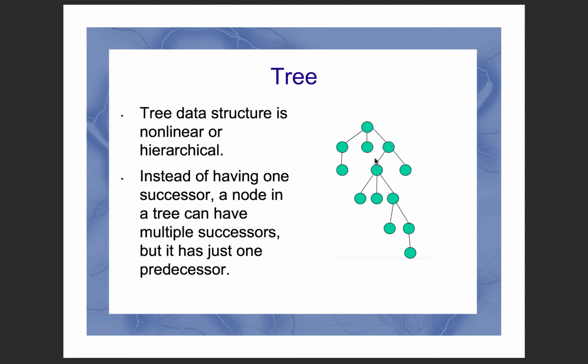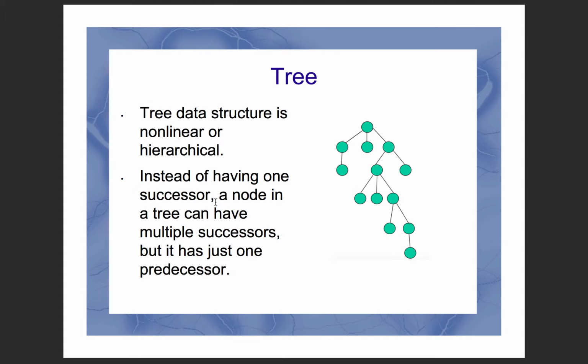It could be possible that a node has hundreds of forwarding nodes, and those hundreds of forwarding nodes probably generate thousands of nodes. So that's why it's called non-linear, and this is hierarchical. We'll talk about that one later.